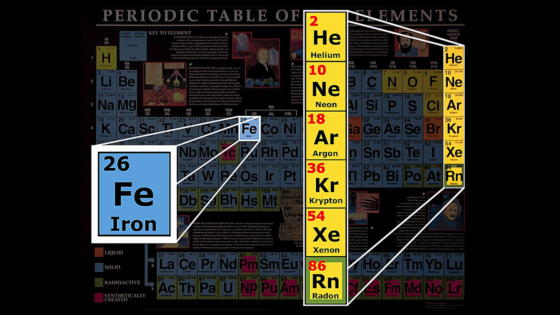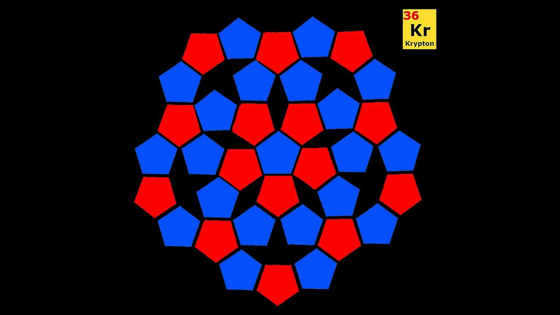And so how about going up to 36 and 54 and 86? Well, here is the krypton atom. And you can see now the dynamics are different here. One kind of gets the core and it gets 21 pentagons or electrons. The other one only gets 15, but it makes two perfect pentagonal circles, one within the next.